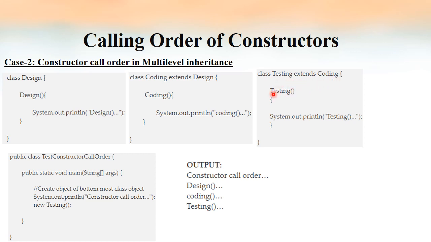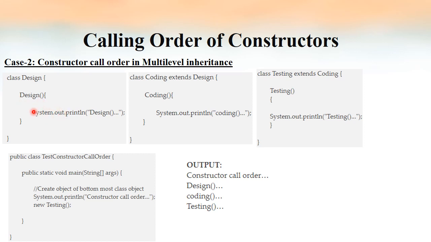The parent class of testing is coding, so the call to the constructor of class testing will be forwarded to the constructor of class coding. When the call reaches here, class coding will again forward the call to the constructor of its parent class. The parent class of class coding is class design, so the call will reach here.